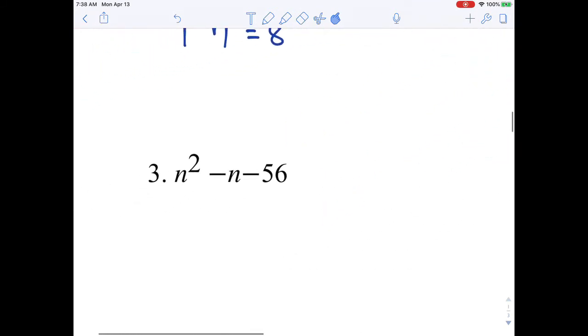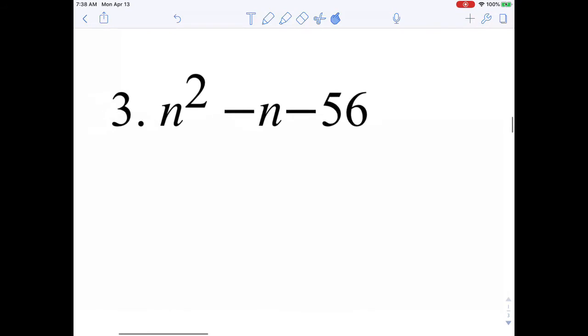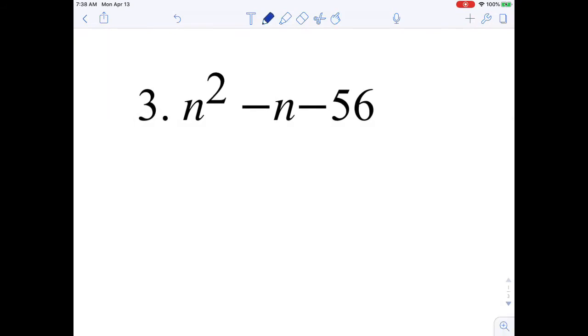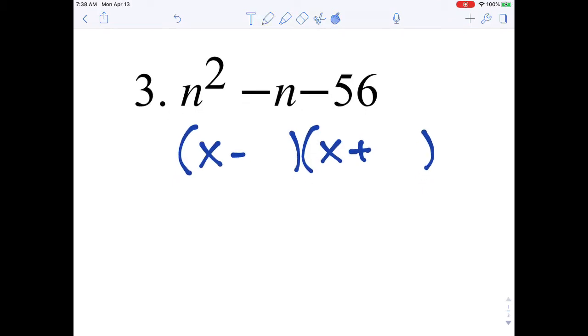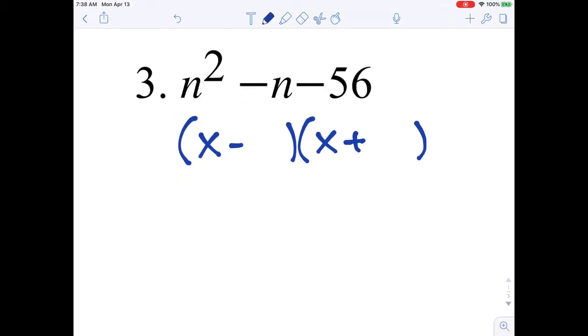Let's look at the next one. I have a minus and a minus. B is a minus, C is a minus. So I have 1 minus factor, 1 plus factor. So when I write my factors, I need to have a negative and a positive. And they add up to negative 1.